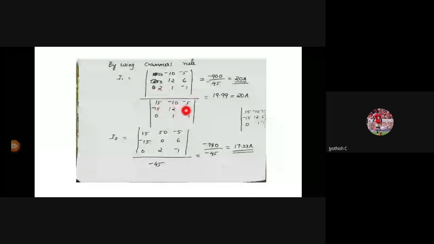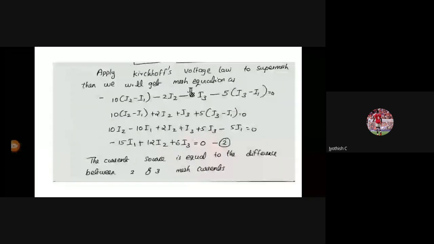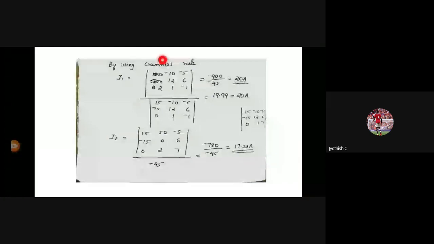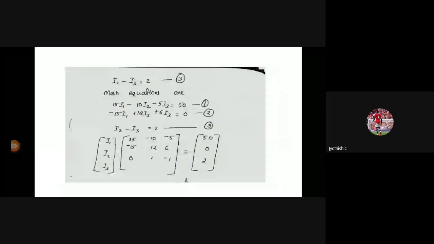First of all, find out the determinant of the denominator term, that is the coefficient matrix. Then you can find out the determinant of the numerator. If you are using I1 in this manner, similarly I3 can be found.